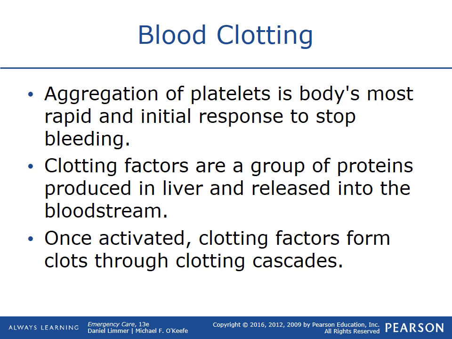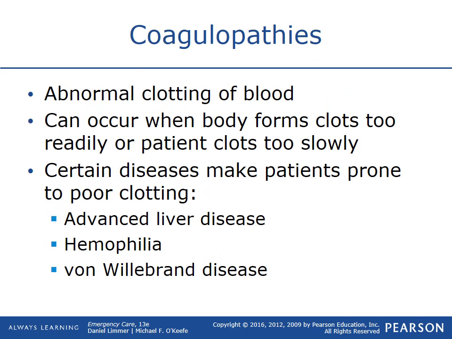Once these clotting factors are activated, they form clots through what's called the clotting cascade, and it makes the platelets more sticky, so they'll stick together and form clots. Now, if somebody were on something that would thin their blood, it's not necessarily thinning it, it's causing the platelets not to be quite so sticky.